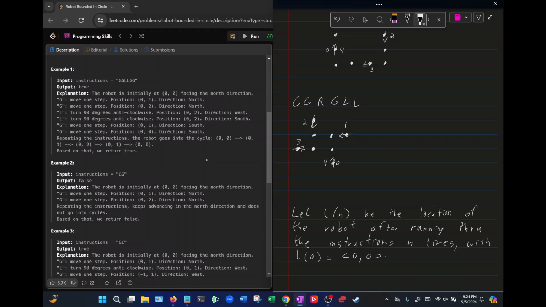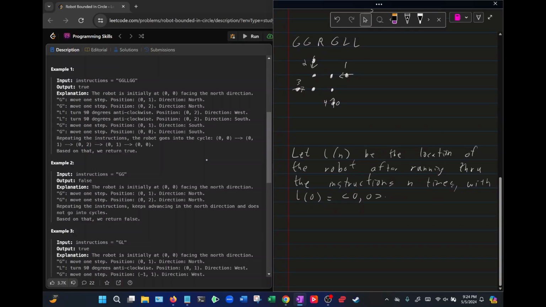So the x coordinate is 0, the y coordinate is 0. I'm just writing this in vector notation because I feel like it.